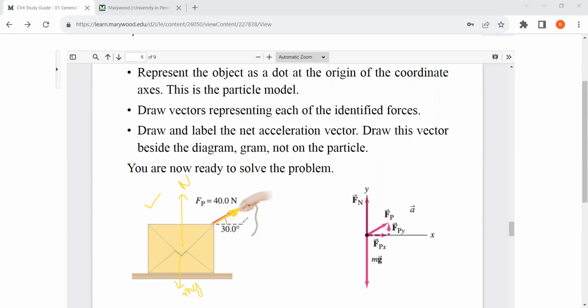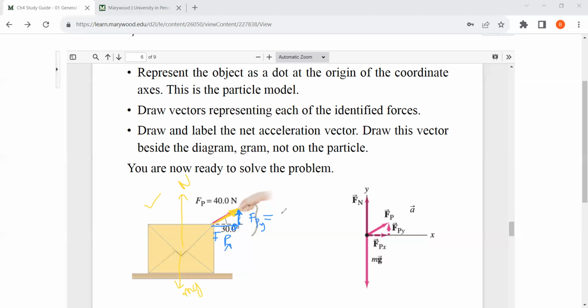And how to break a force into components? Whenever we have this, we draw a perpendicular line from the tip of this vector, parallel to the y-axis in most cases. So this is Fpy, and this will be Fpx. You know how to do it.